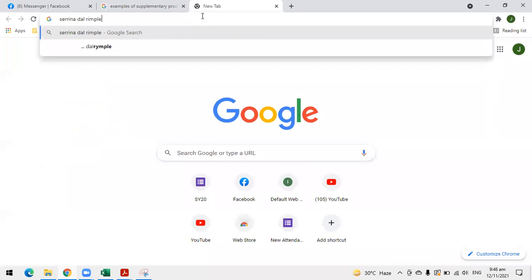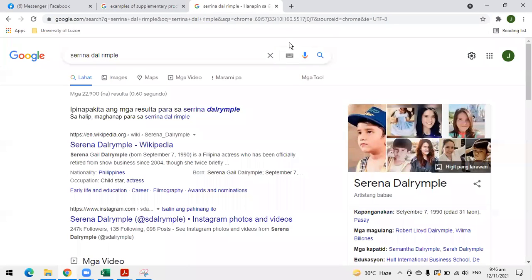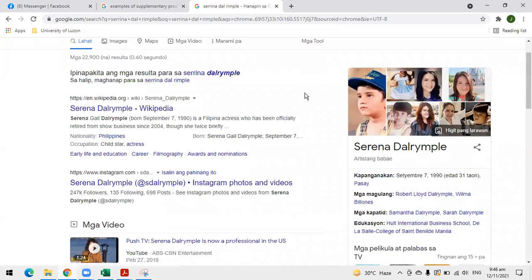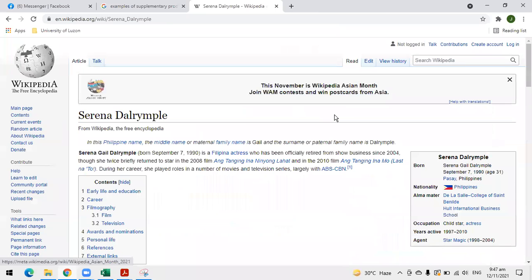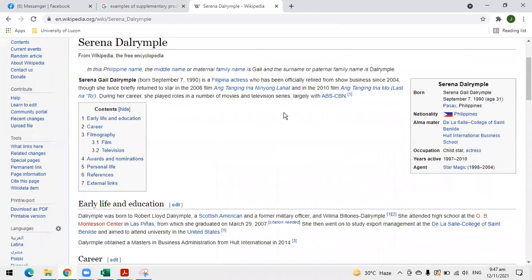Ganito ba yun? Yan. Ito si Serena. Wrong spelling pa pala ako. Yung tanda na niya. Parang hindi ako matanda. 41 na pala niya. So, saan siya nakilala? Akala mo na yun, yung tanging ina.